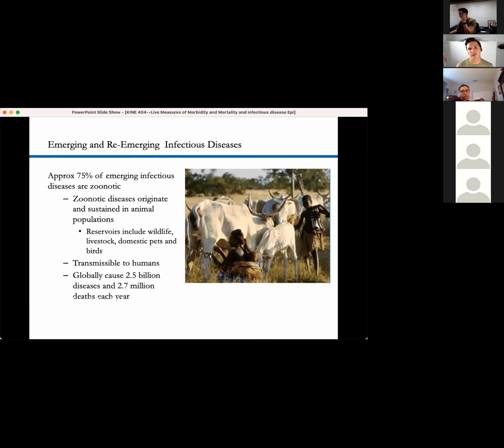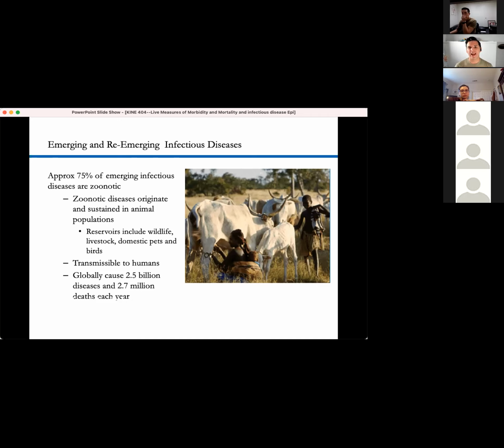So examples like the current prevailing hypothesis is that SARS-CoV-2 was spread from animals, potentially in a wildlife market, to humans. HIV was spread from monkeys, so the chimpanzee and the sooty mangabey, to humans. Zika virus was spread from animals to humans.